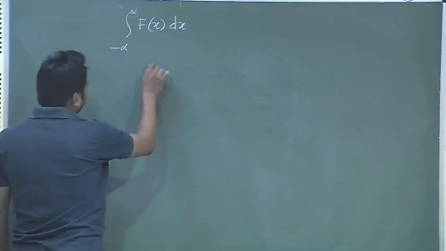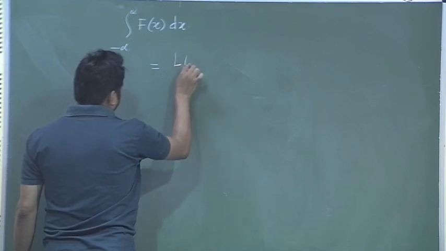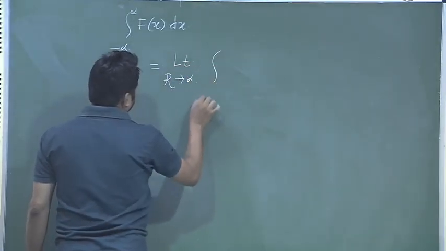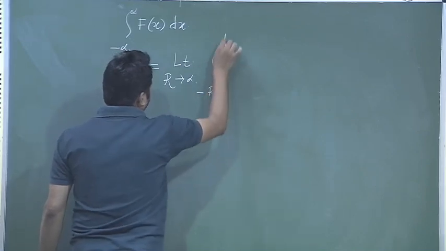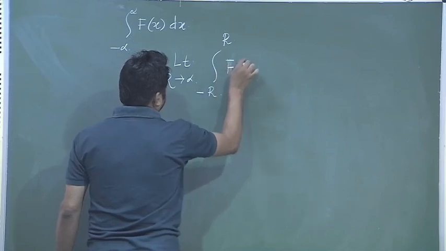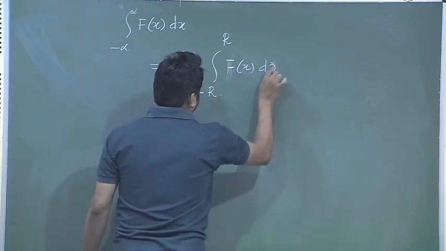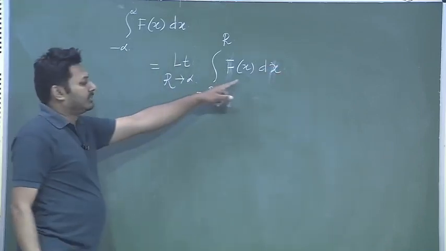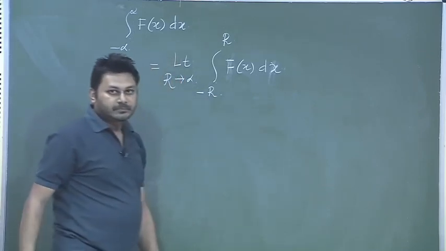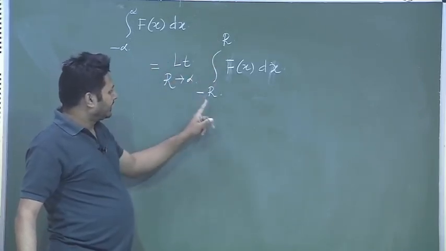Normally, what we do is take the limit: limit R tends to infinity, integral from minus R to R of f(x) dx, because I am dealing with the real integration.